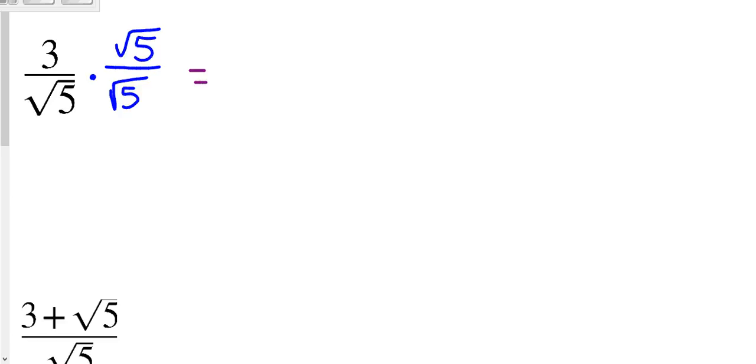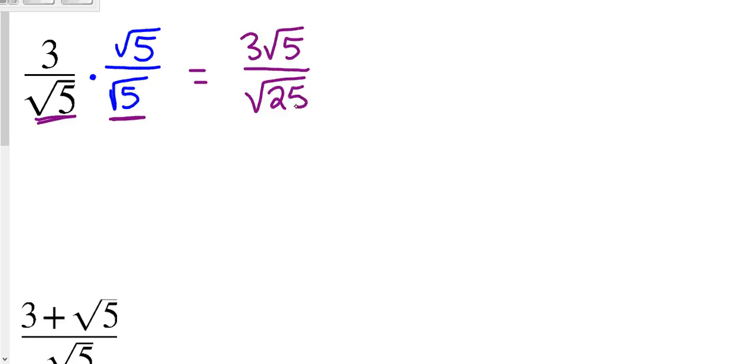Now, when we do this, we use our rules for multiplying surds. If we have 3 times the square root of 5, 3 is not under a square root. 5 is. That means 3 stays outside and 5 stays under. Now, the 2 square root of 5 in the bottom, you can think about it 2 ways. This is under a radical and this is under a radical. So we could have the square root of 25. We can multiply those together.